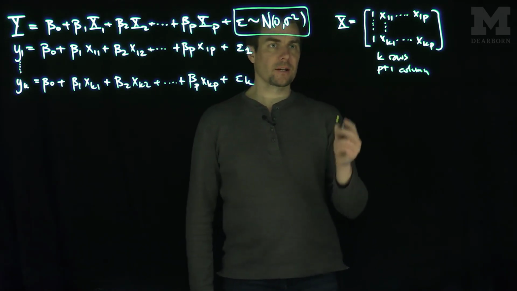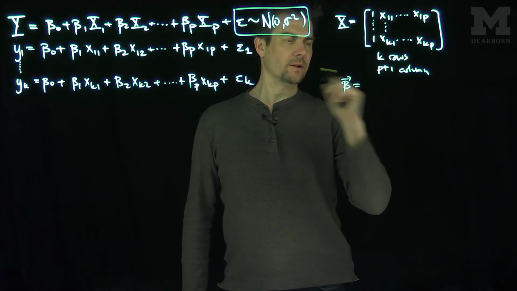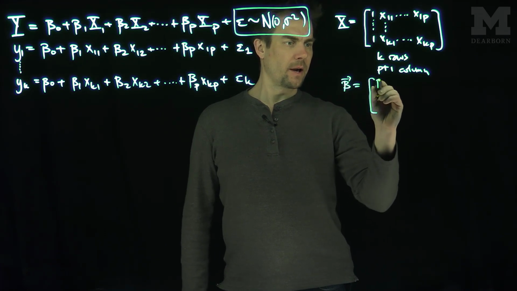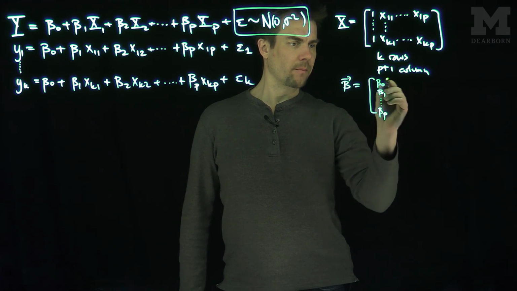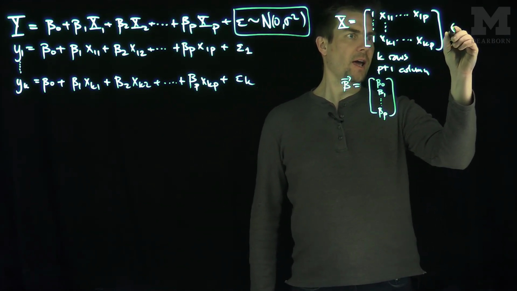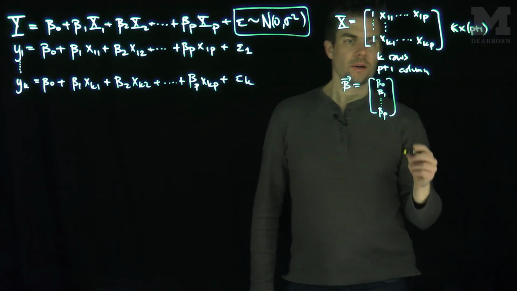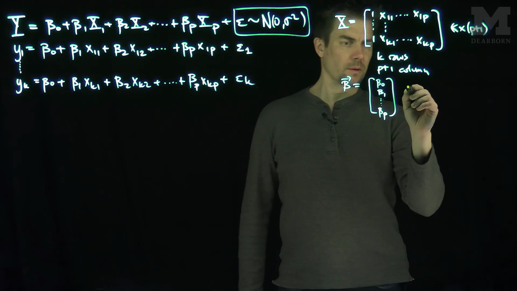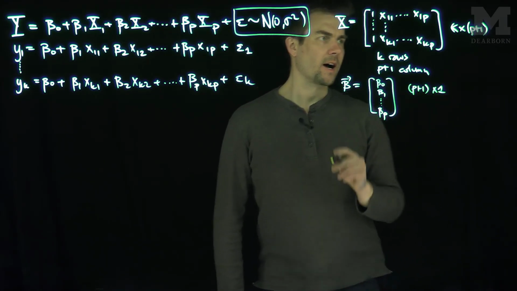And what I can do with x is form a vector beta, which is this column vector. It'll be beta 0, beta 1, all the way down to beta p. So this matrix x is k by p plus 1, and this is a p plus 1 by 1 column vector.